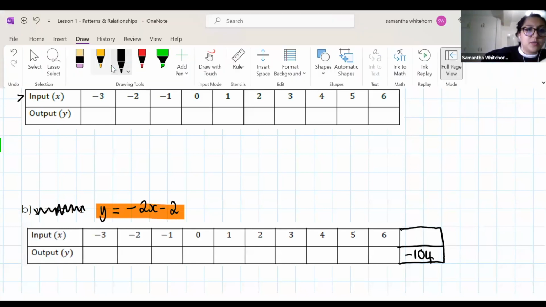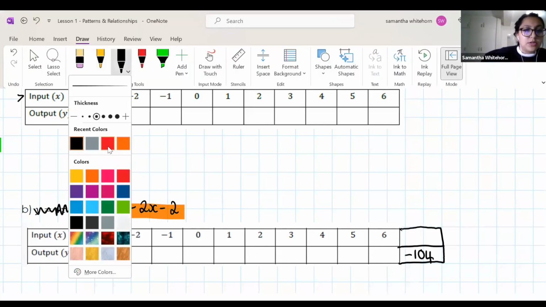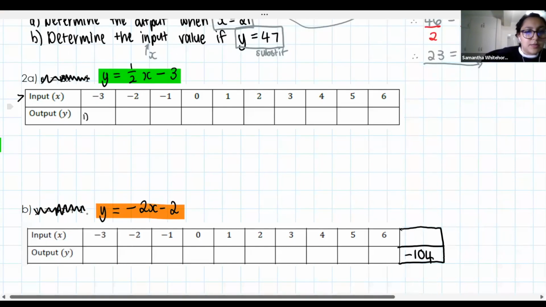Right, so in the first one, I want you to work out all of our outputs here. So I'm just going to number them 1, 2, 3, and so on. And for the second one, I want all of our outputs again.